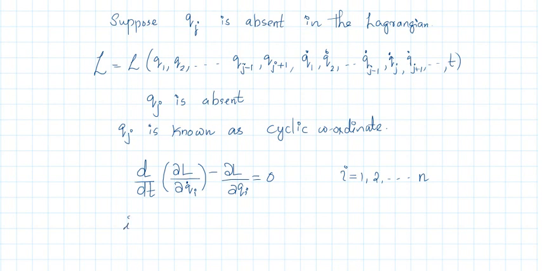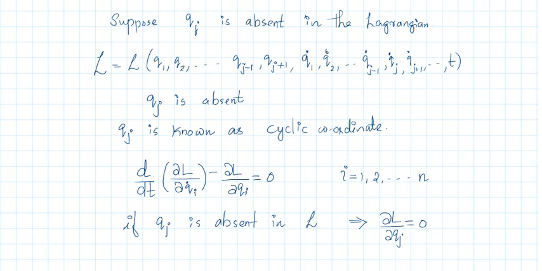If Qj is absent in the Lagrangian, then that implies dou L by dou Qj will be 0, because there is no explicit dependence of L on Qj. Partial derivative of L with respect to Qj will be 0.